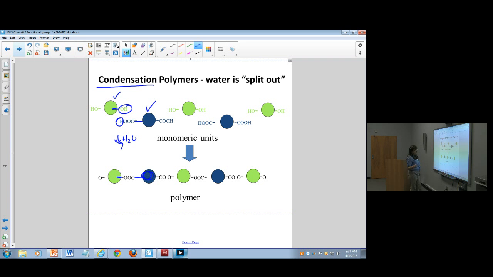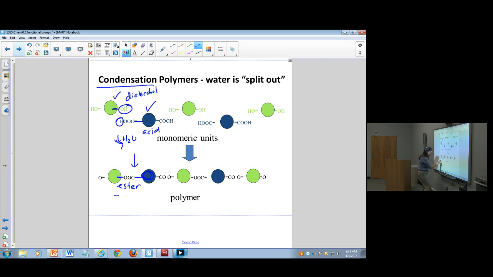And I also want you to see, just in this case, I started with some alcohol. It happens to be some kind of a di-alcohol, it has two alcohol groups on it. And I have some kind of an acid. And when I form this, it turns out to be an ester.